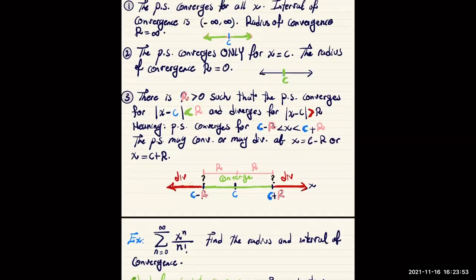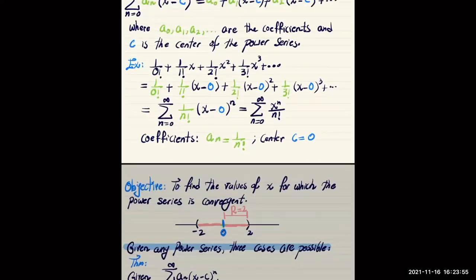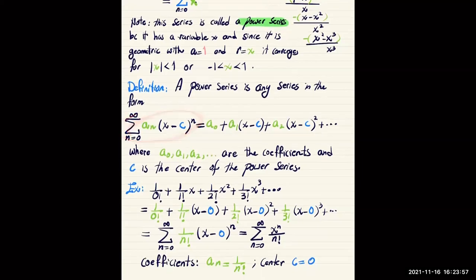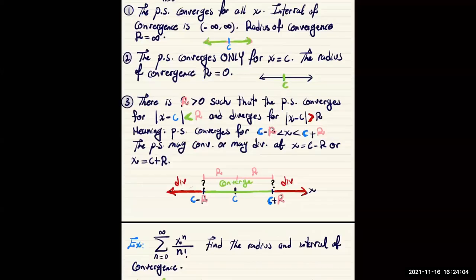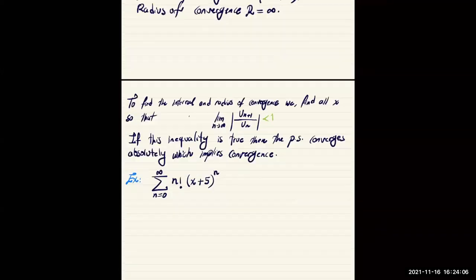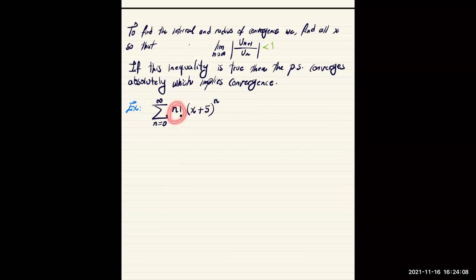So remember, this is the form of a power series. a sub n are coefficients, then c is the center. So here the coefficients are given by n factorial and the center is, can anyone tell what the center is?